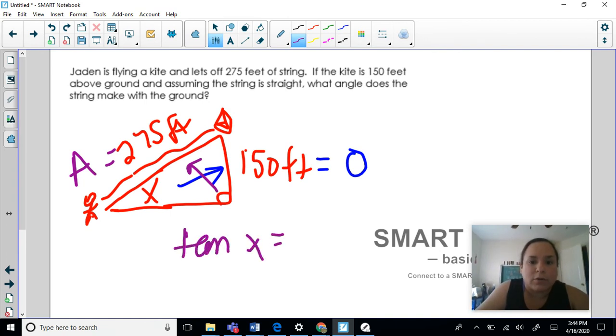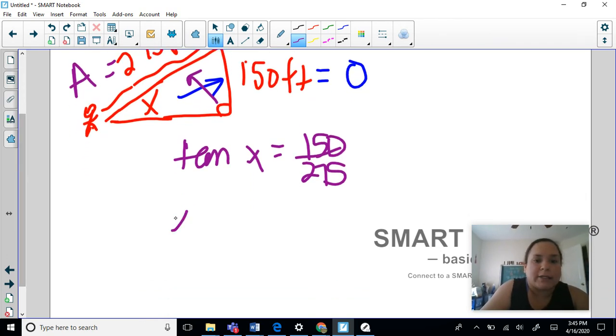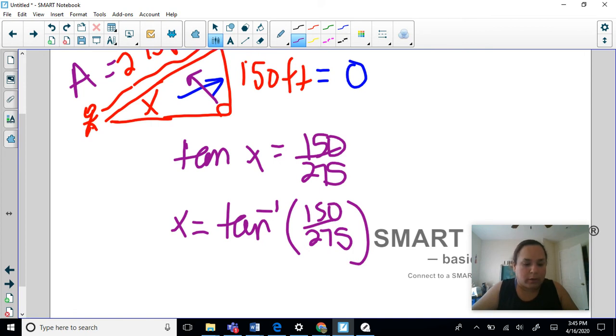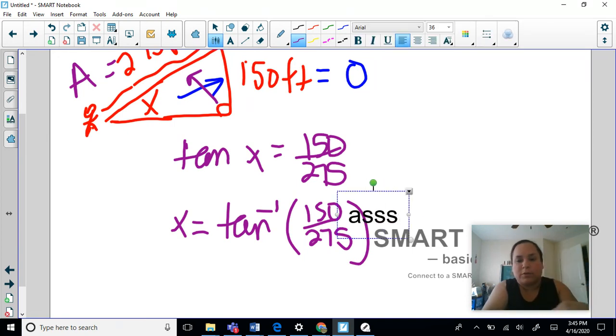Tangent of x equals 150 divided by 275. And to get the x by itself, we're going to take the tan inverse of 150 over 275. And we're going to plug it into our handy dandy calculator. And we're going to get the value of, oops, my bad.